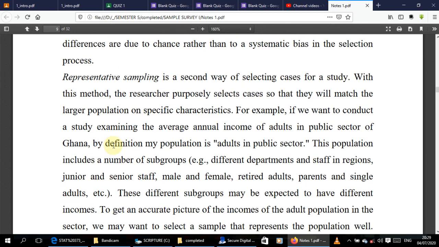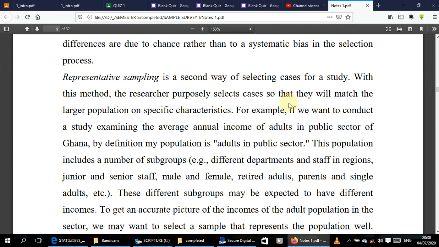So there's another term, representative sampling. We are trying to explain some terminologies. It's a second way of selecting cases for a study. With this method, the researcher purposely selects cases so that they will match the larger population on specific characteristics.